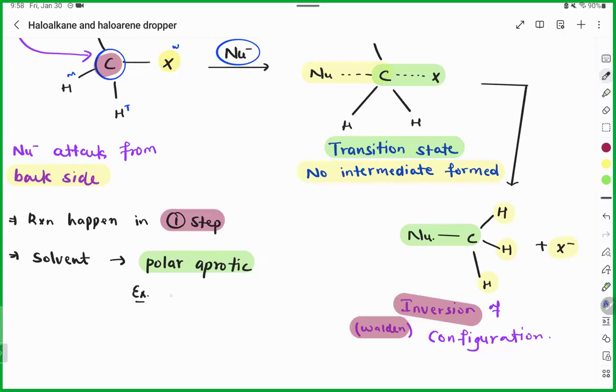So DMSO and acetone are the polar aprotic solvents that cause the SN2 mechanism.